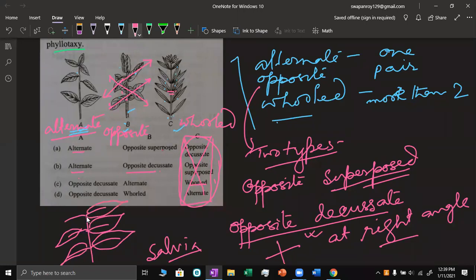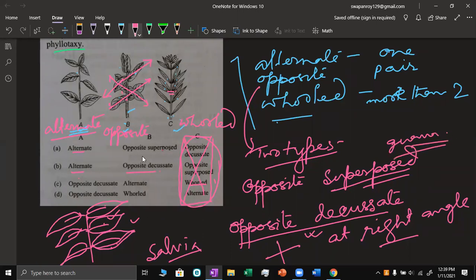These leaves are coming out in such a way that the upper one is just covering the lower pairs of the leaves. So this is superposed. Okay, and this one is found in guava. That is superposed.